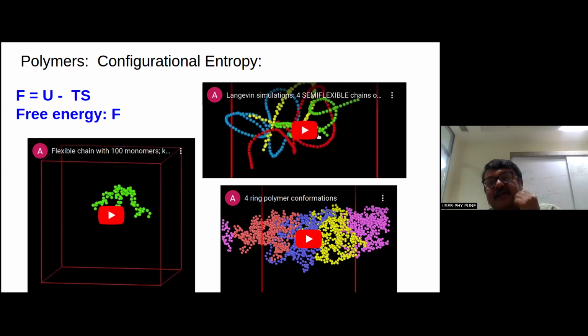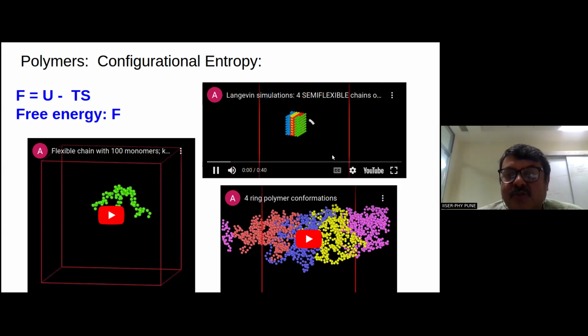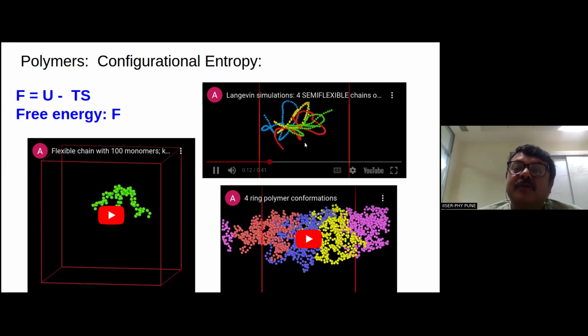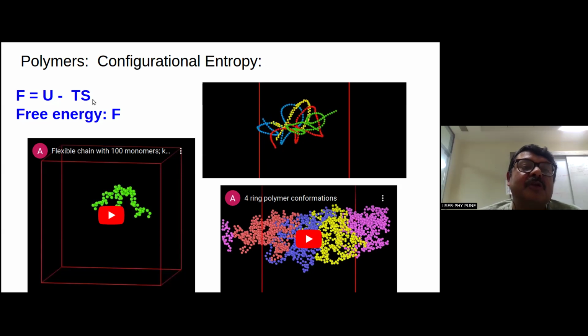And there are four chains, colored in different colors. In this case, the equilibrium configuration is not just entropy driven, but energy also plays a role. If it could bend a lot, then it would have many more microstates.